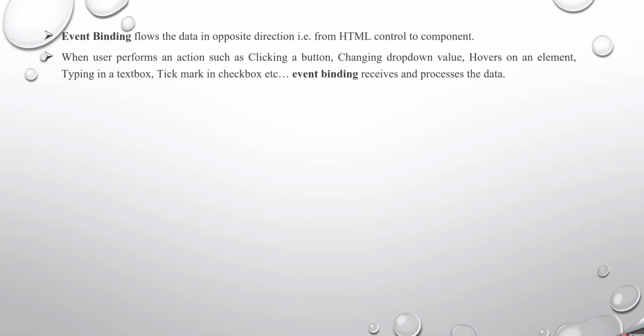a button, changing a drop-down value, or hovering over an element, like if there is some text box shown on hover. Or typing in a text box: if I am typing, let's suppose, scam, then it should automatically show suggestions, like scam.net or something else, which is what an autocomplete control does.